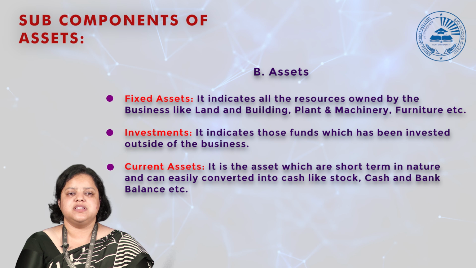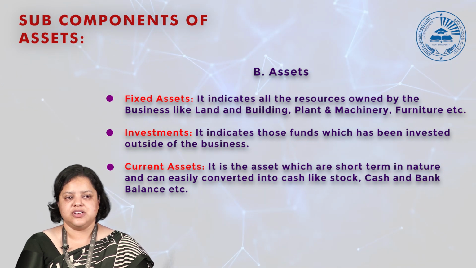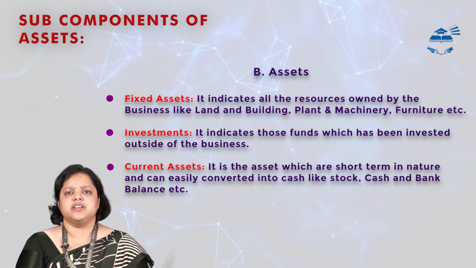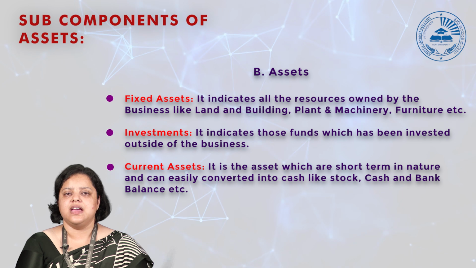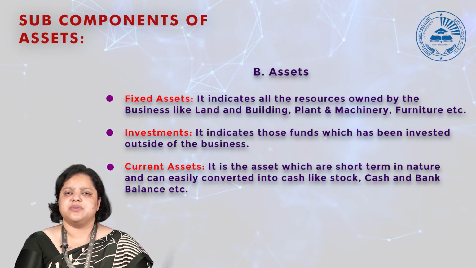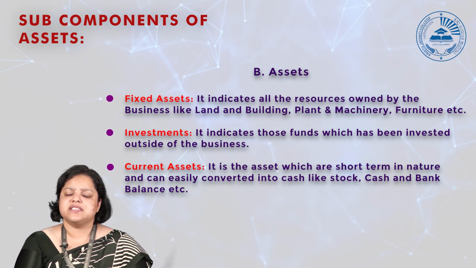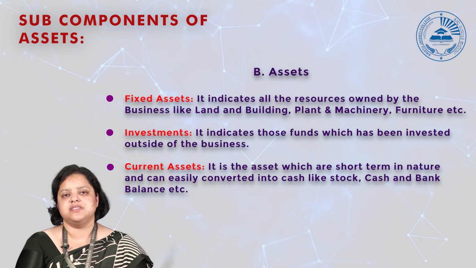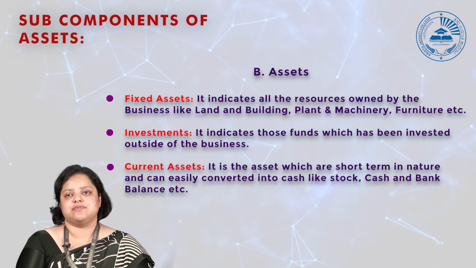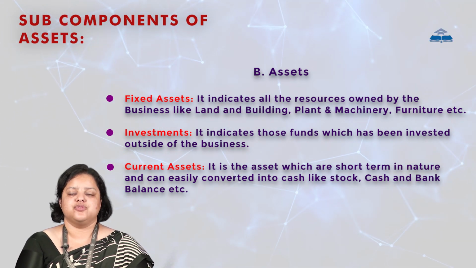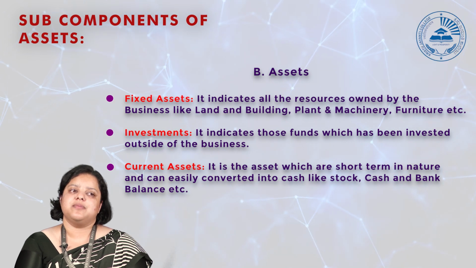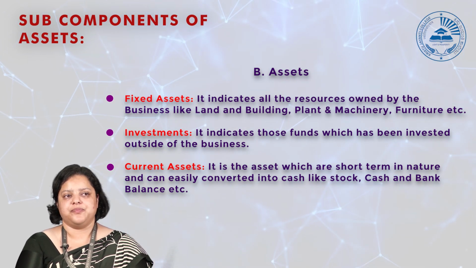Current asset is short term in nature and we can easily convert it into cash, like closing stock, cash and bank balance, any prepaid expenses. Prepaid expenses means if you are paying any expenses before the due date. So all these items come under current assets.